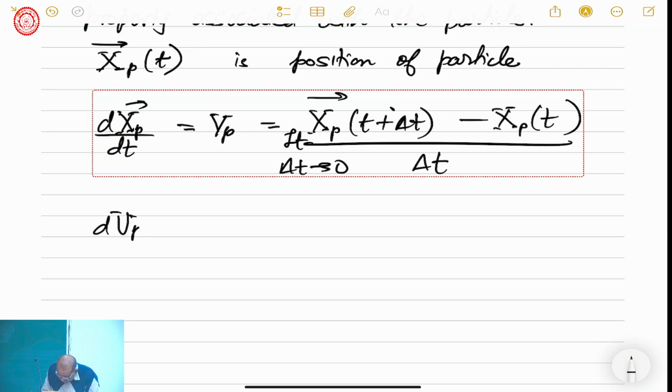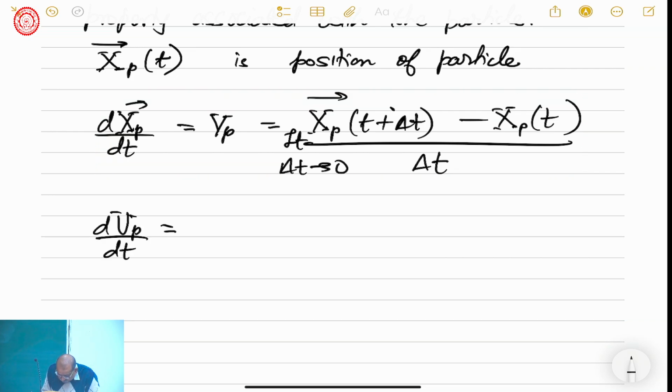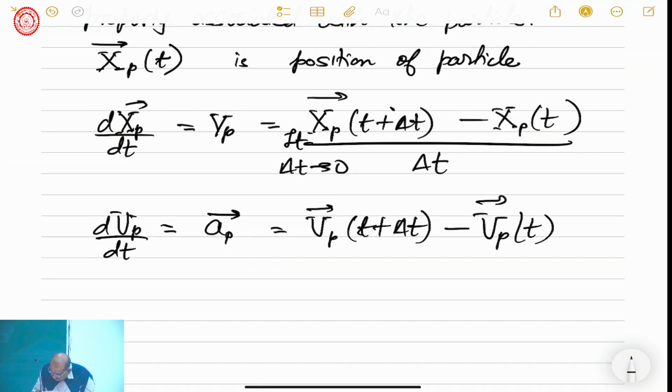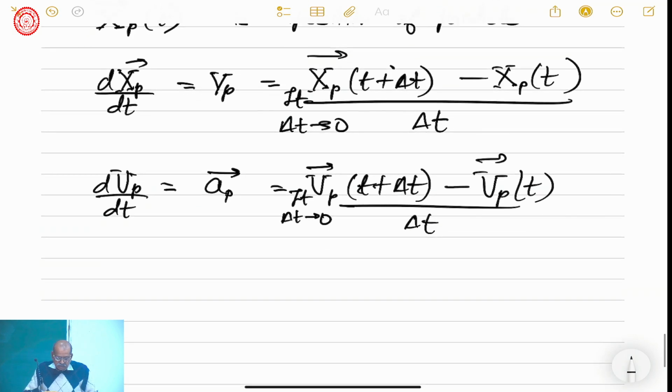And dV_p by dt, the rate of change with respect to time, this was called acceleration, and this is equal to V_p at t plus delta t minus V_p, divided by delta t, limit delta t going to 0.